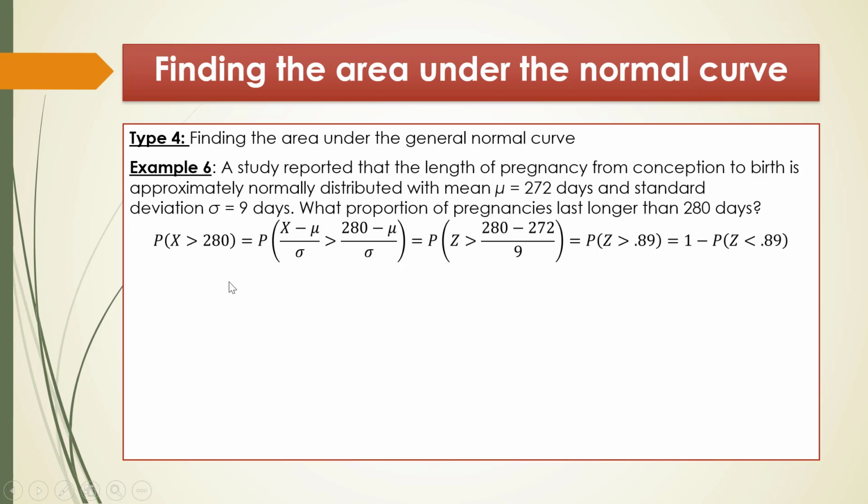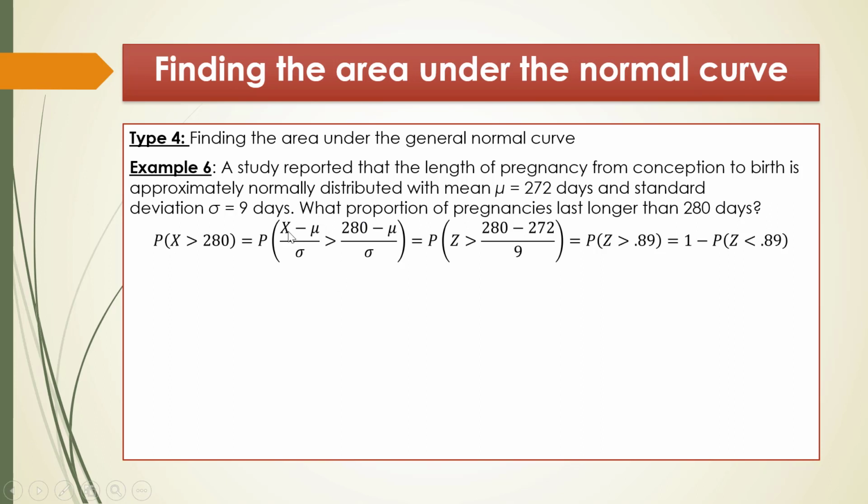So the first step is standardization. The way we standardize the problem is to subtract mu from both sides and divide both sides by sigma, so we have the same probability. Now mu is given and sigma is also given, so we get (280 minus 272) over 9.